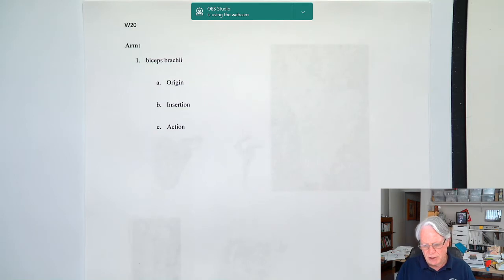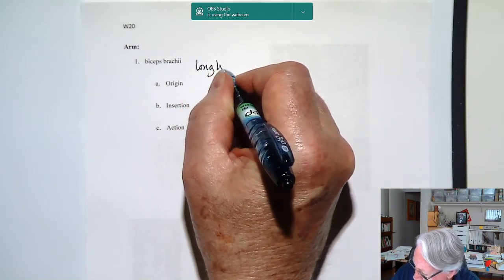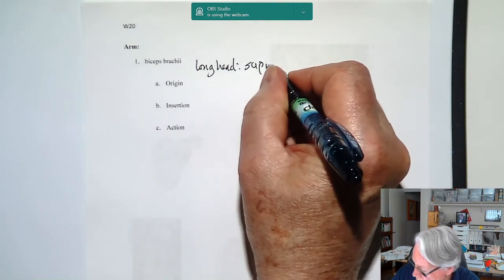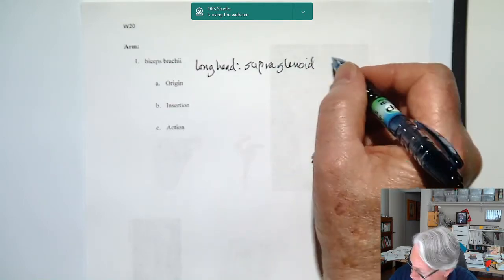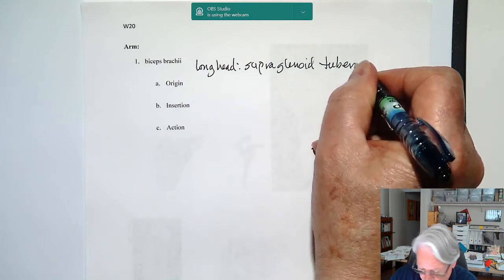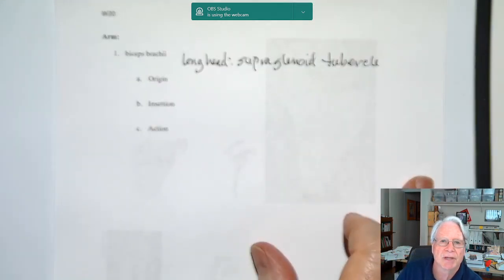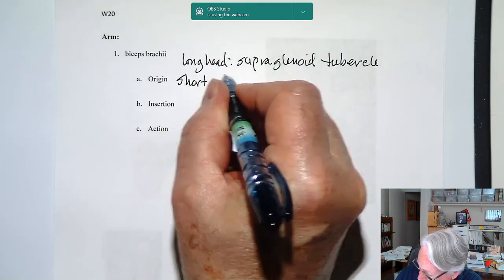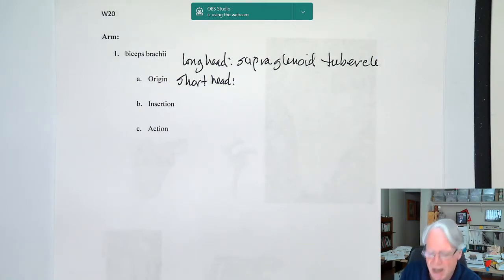So the origin, we're going to have two origins. We're going to have a long head and a short head. The long head is the supraglenoid tubercle. The supraglenoid tubercle, that would be the long head. The short head is the coracoid process of the scapula.